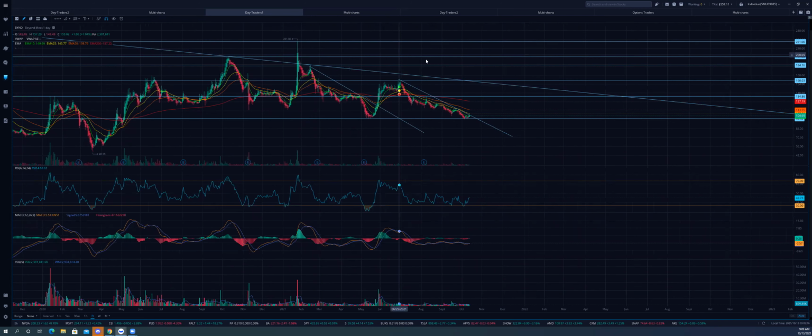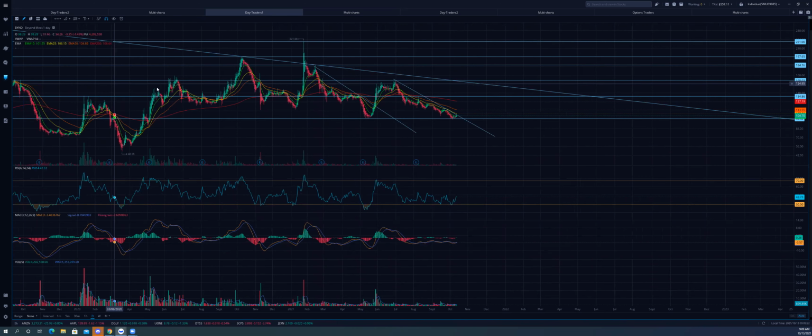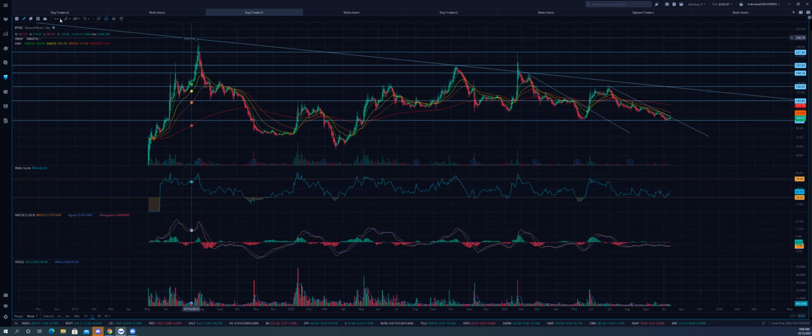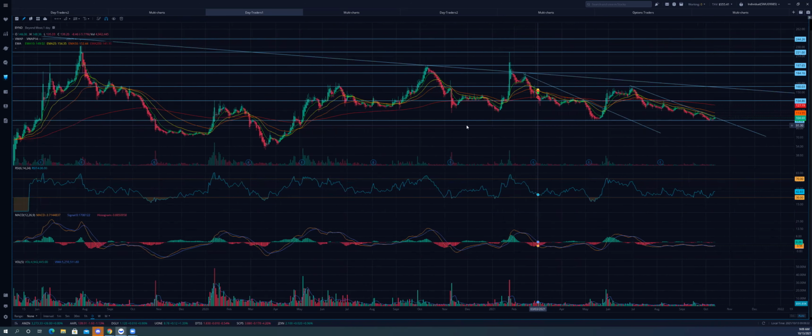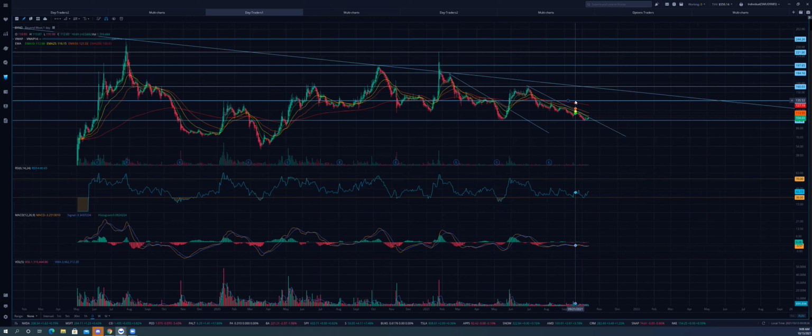And once these gaps fill, then you're going to look for it to test the high of 221. And if it breaks 221, actually 239 is the high over here. So we go ahead and draw this horizontal line at 239. So those are the gaps, right? The spaces that you see in between the lines, those are your gaps. So one gap, 2, 3, 4, 5.